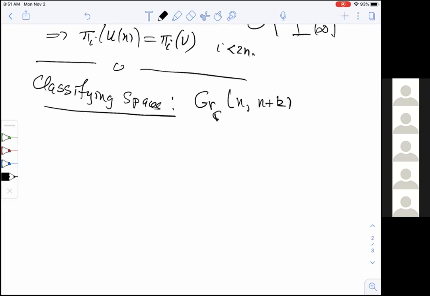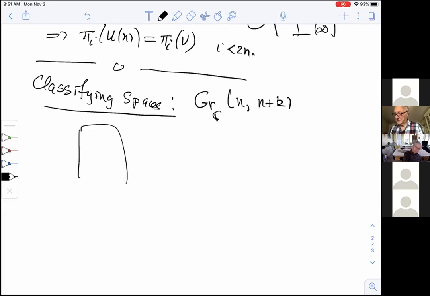So we have C^(n+k), and I just have an n-dimensional complex linear subspace L. This makes a smooth manifold, a complex manifold.